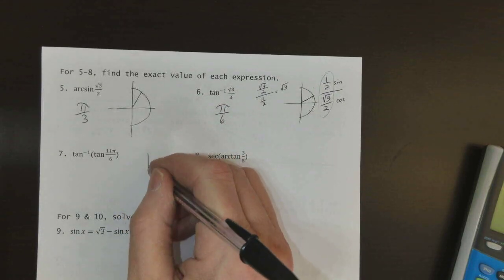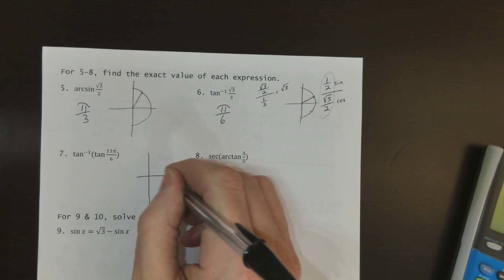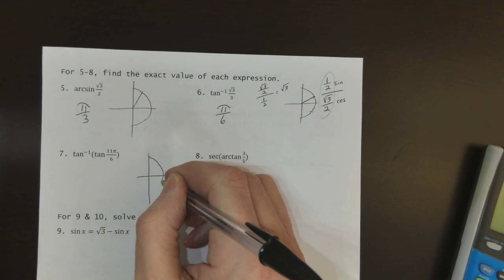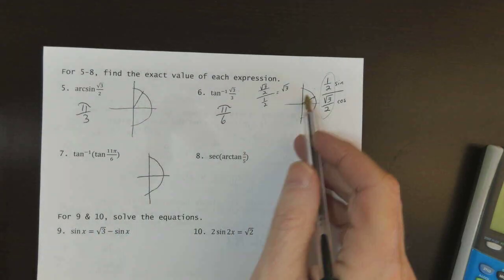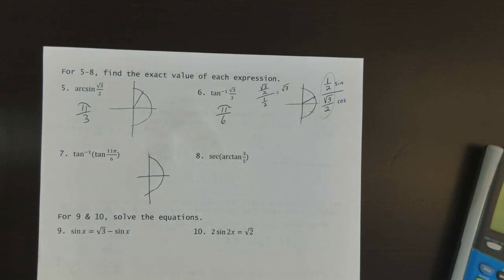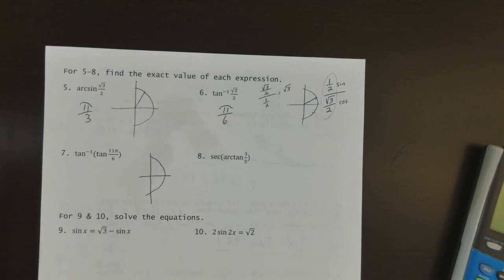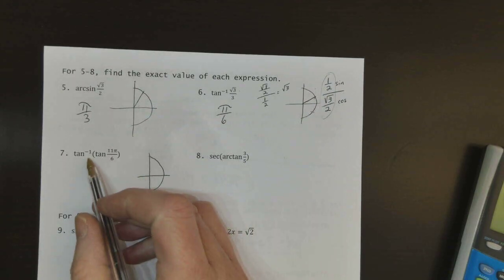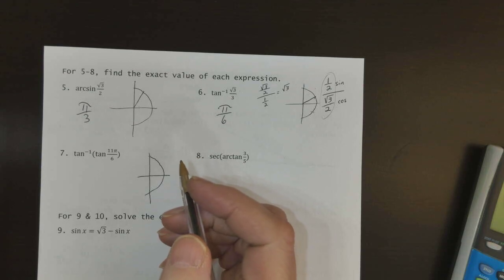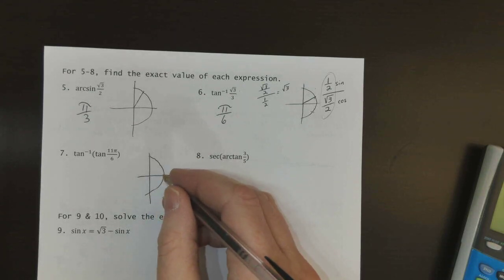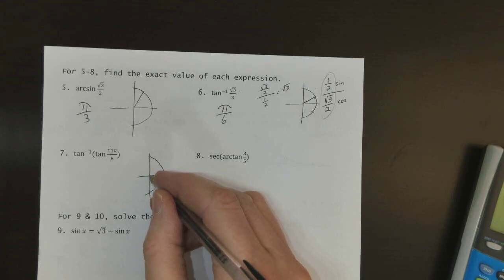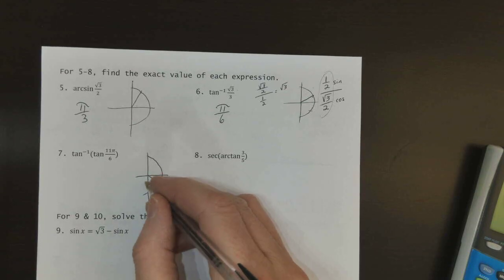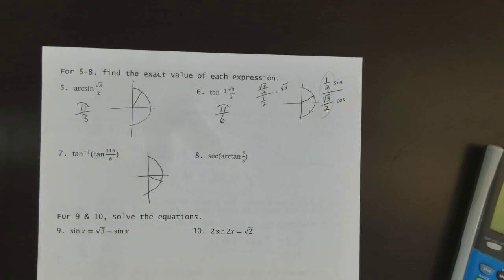Now, this one might seem fairly straightforward. Again, we work in just those two quadrants. And the arctan of the tangent of 11 pi over 6. Well, 11 pi over 6 is right there if we go in the positive direction.